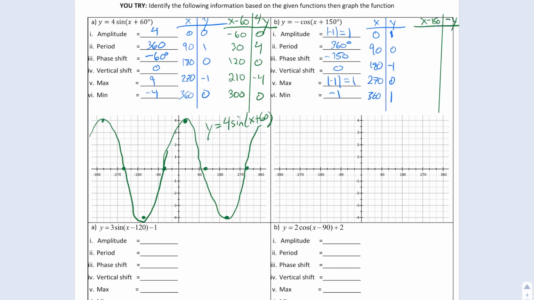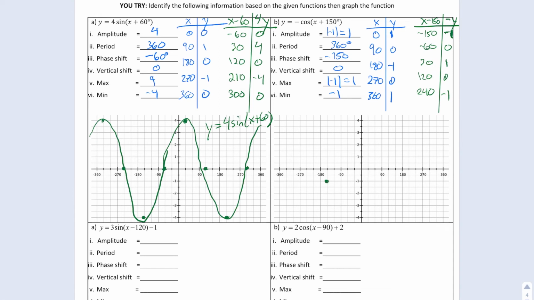And the y value I'm going to multiply by a negative. So it's going to flip it upside down. So this one becomes -1, 0, 1, 0, -1.